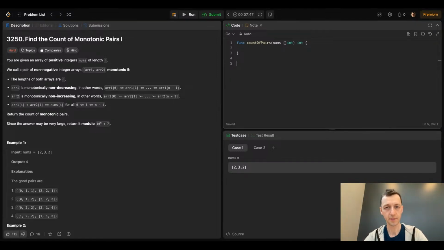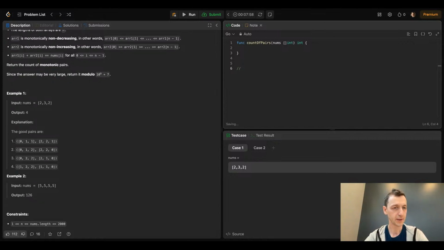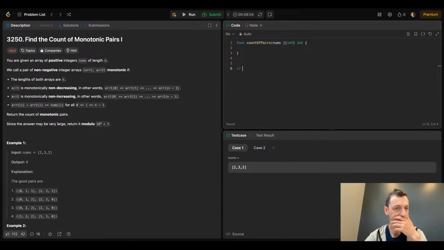So let's try to find some key points. Okay, we have an array, let's look at some tests. 2, 3, 2, and we know they're all positive. That's good. The length of both arrays is n, and their sum is the num.